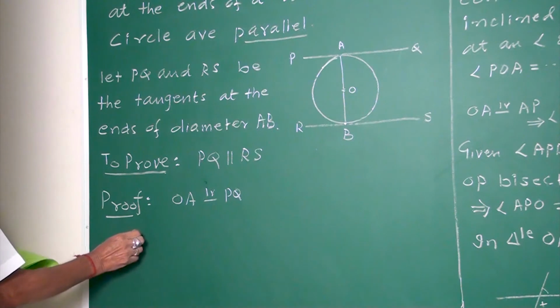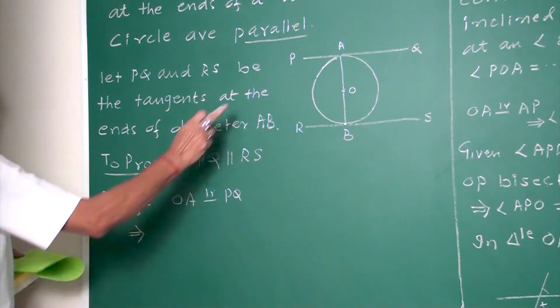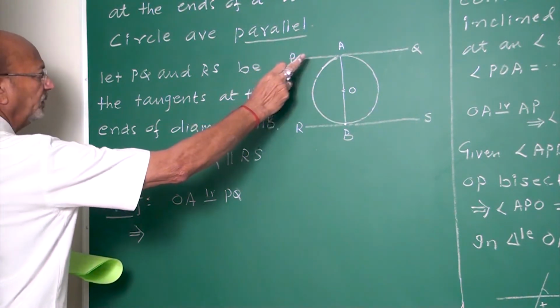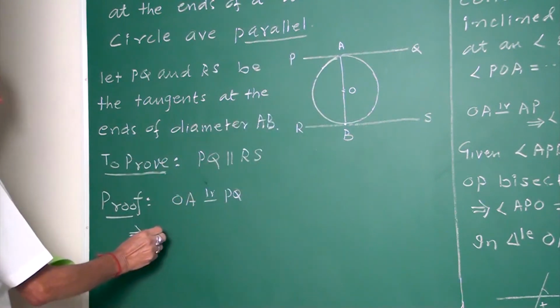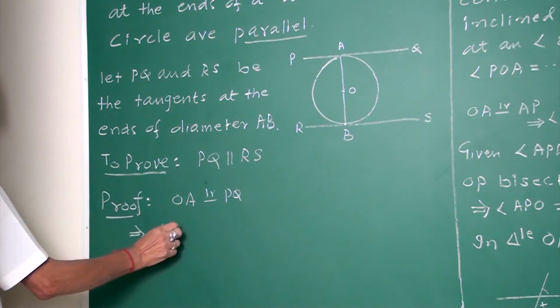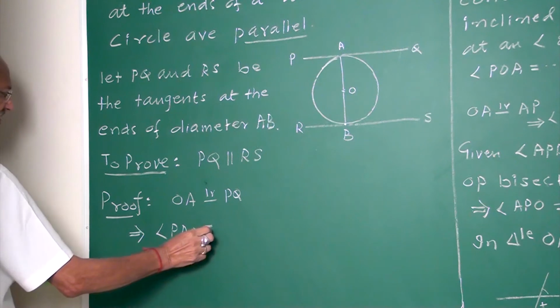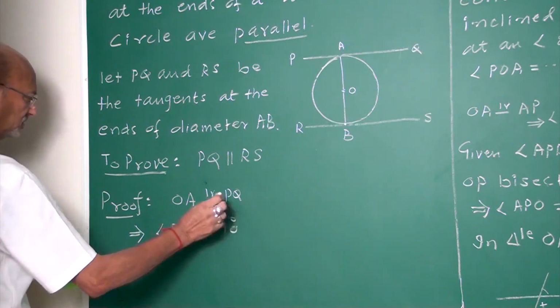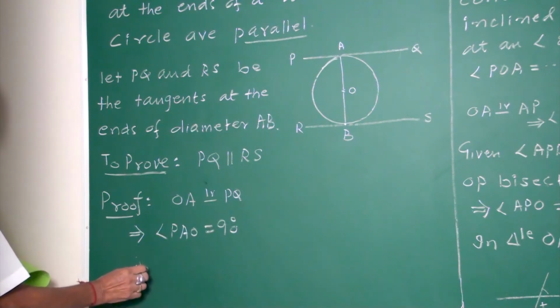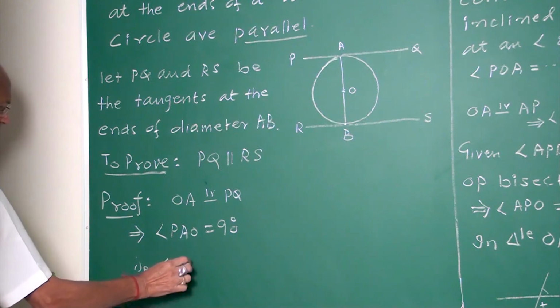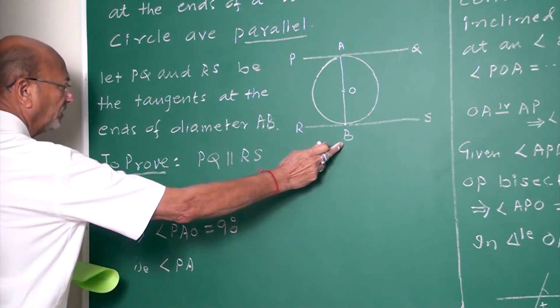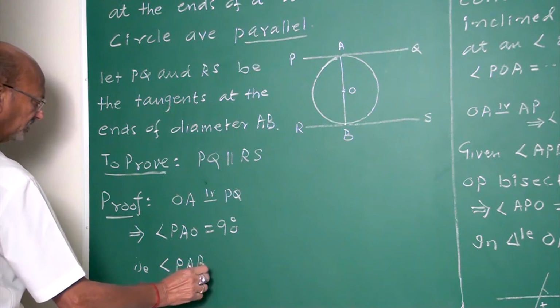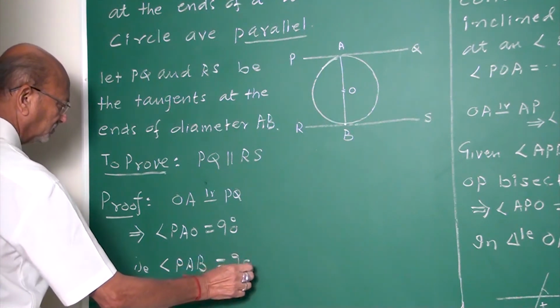Therefore, angle PAO is 90 degrees. That is, angle PAO, extending O up to B on the same line, is 90 degrees.